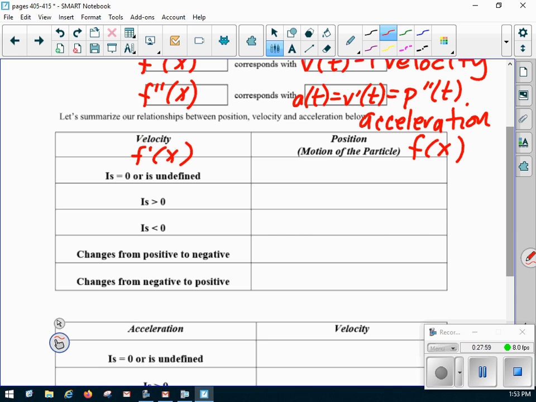What did you know about f? Possible relative extrema. That's what you knew, right? So, possible change in direction of a moving object.